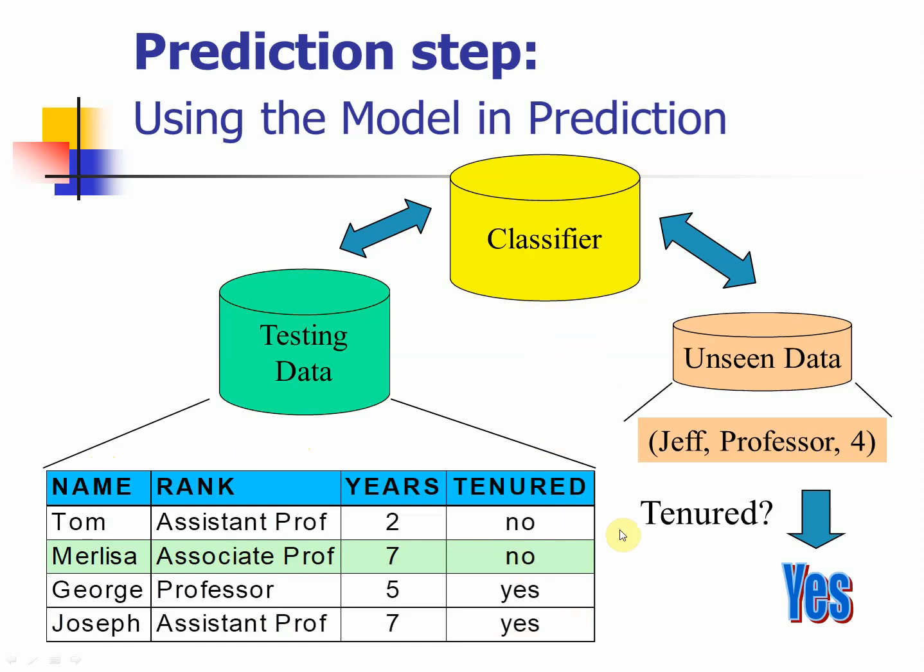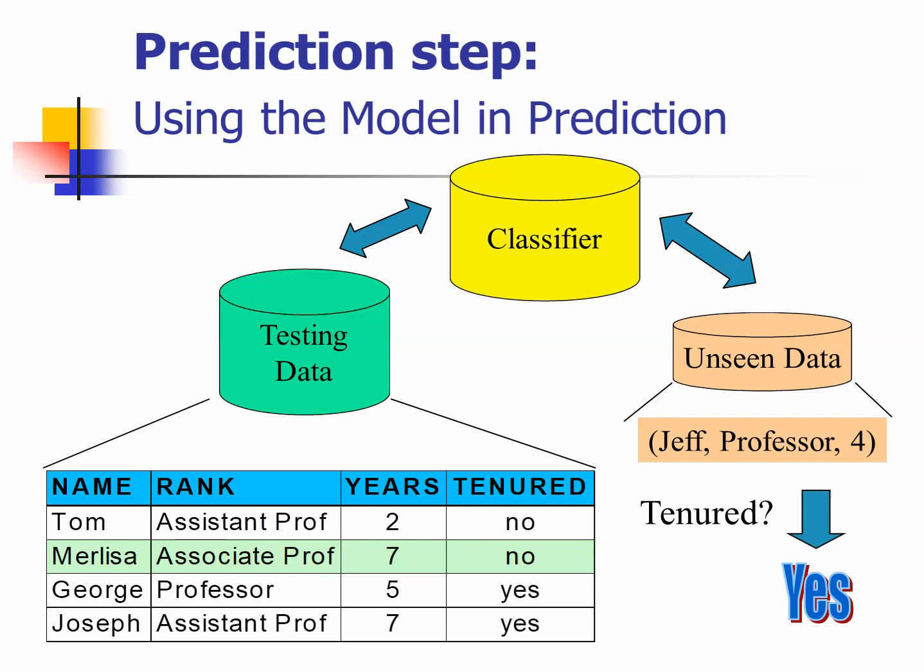The classifier will generate a result, and we can put that side by side to evaluate how accurate the classifier is, so that we would be able to tell if this is a good model or not.